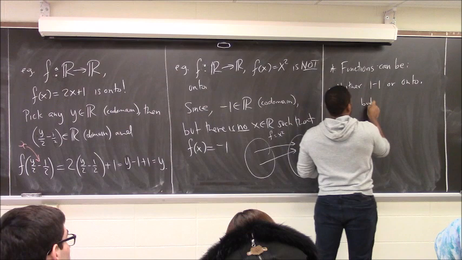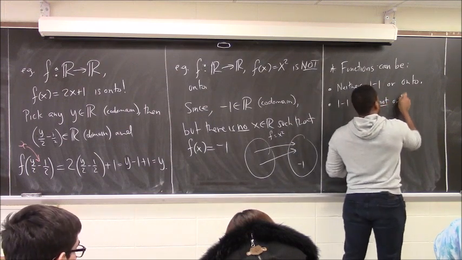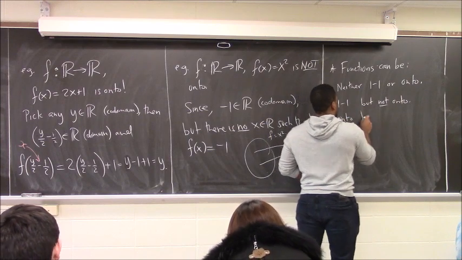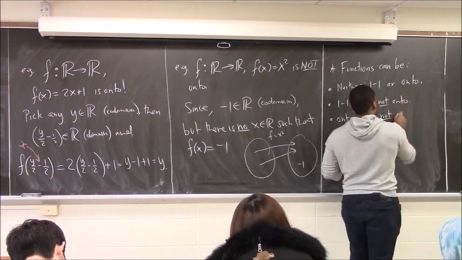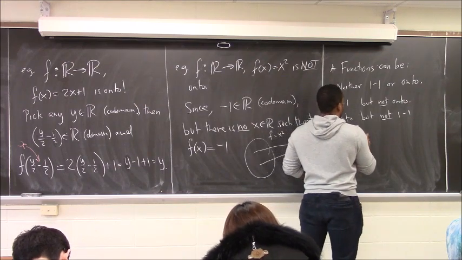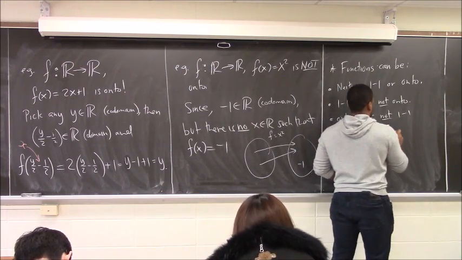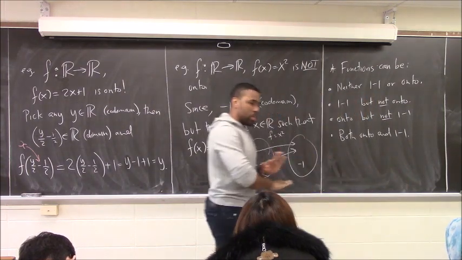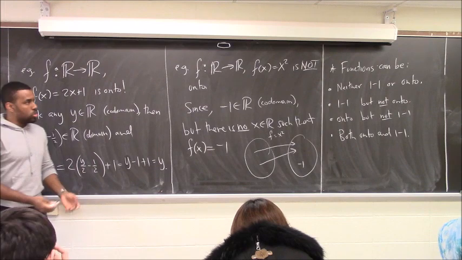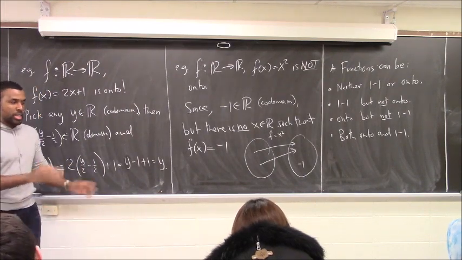One-to-one but not onto, right? So they can come in any variety, onto but not one-to-one, or they can be both onto and one-to-one, right? So these two properties have nothing to do with each other. They happen independently, right? It's on a case-by-case basis.